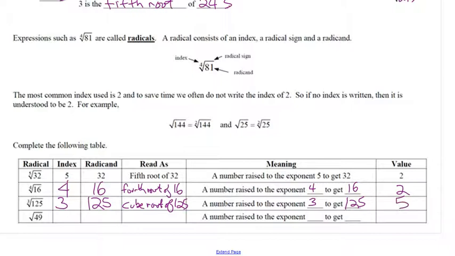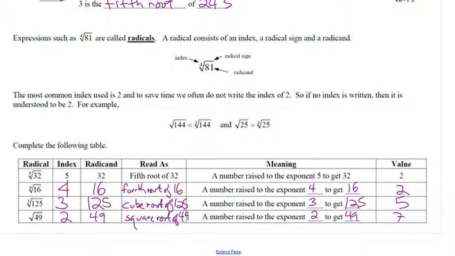Okay, next one, the index is 2, right? An unwritten index is 2. Radicand is, it's read as the square root of 49, and it's a number raised to the exponent 2 to get 49. That number is 7.